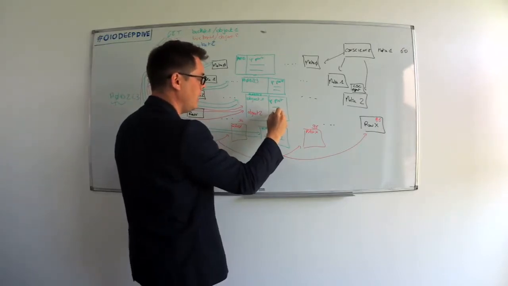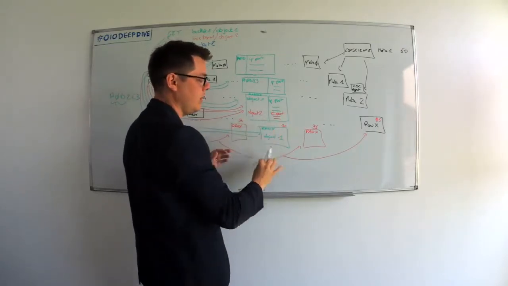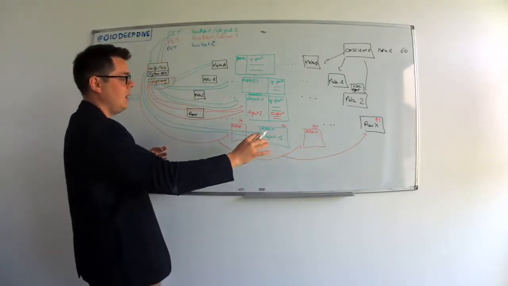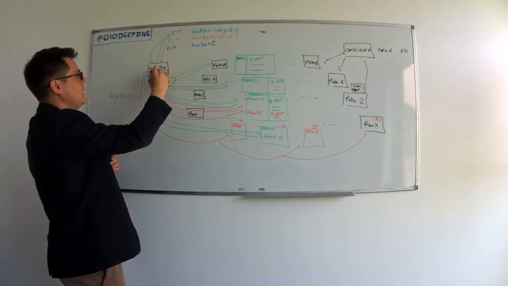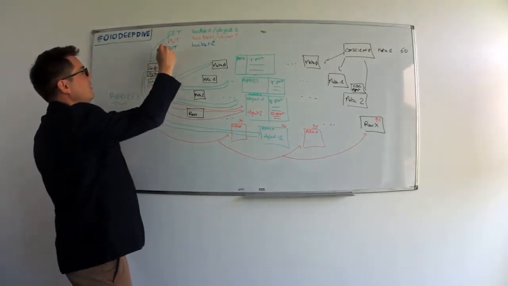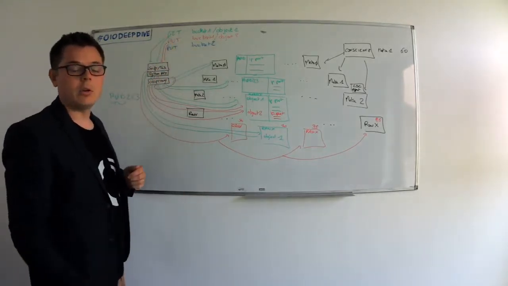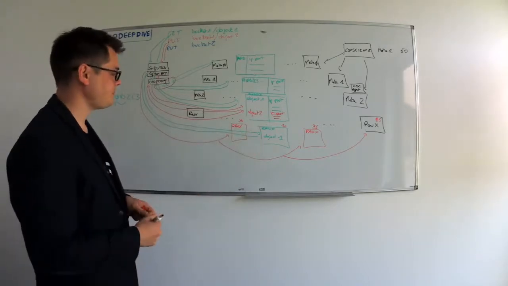So again, the IP port of the 3 services where the data has been stored. And then, finally, the YoYo proxy says, okay, the data is stored, and you get a 200 return code because data is well stored.